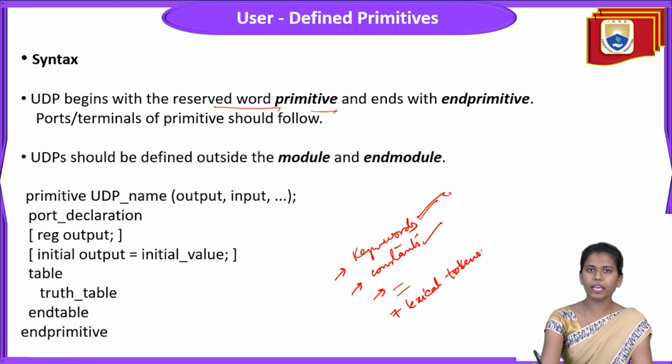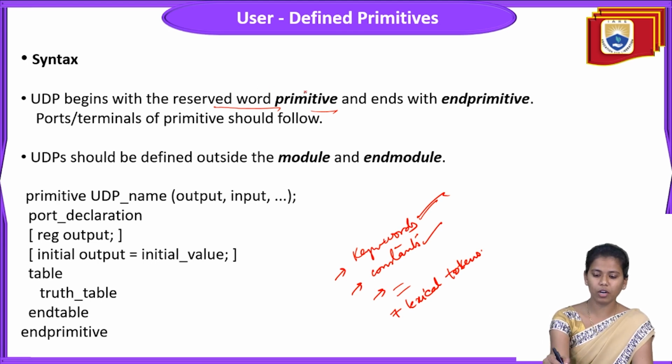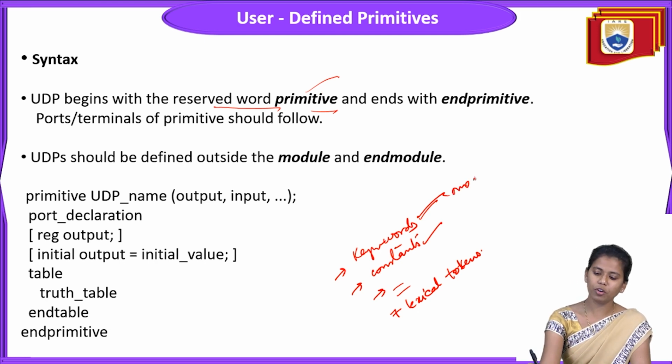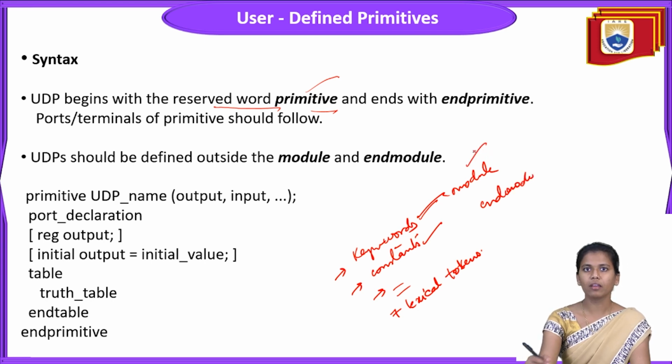Coming to the keywords, we have already discussed module, endmodule, begin, end, and so on. Whereas here in user-defined primitives, we use a word called primitive. In the previous sections we discussed module and endmodule.